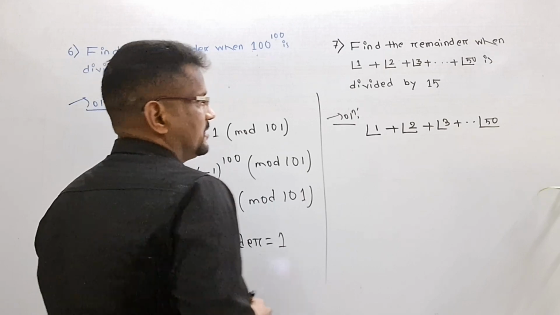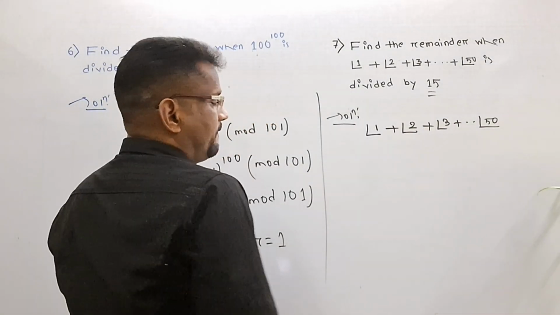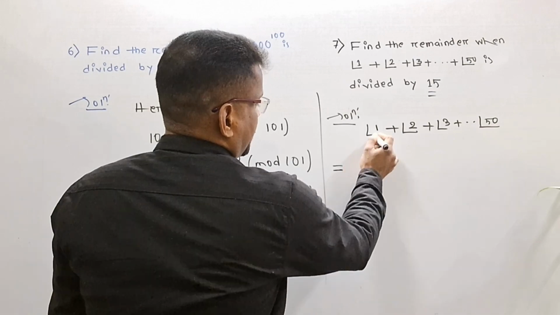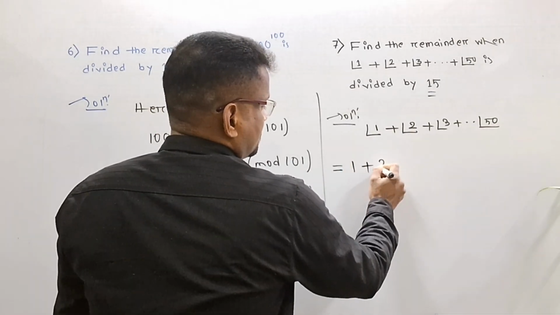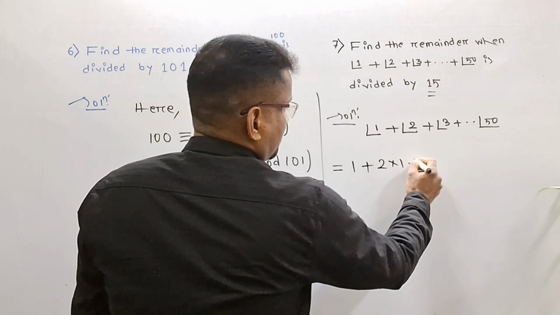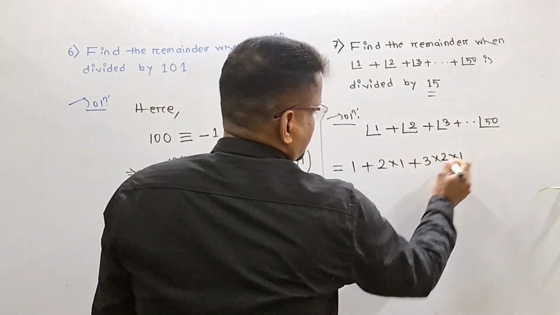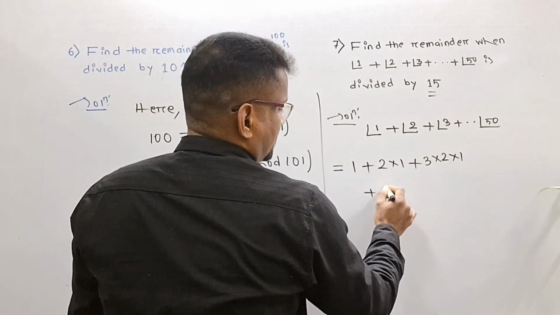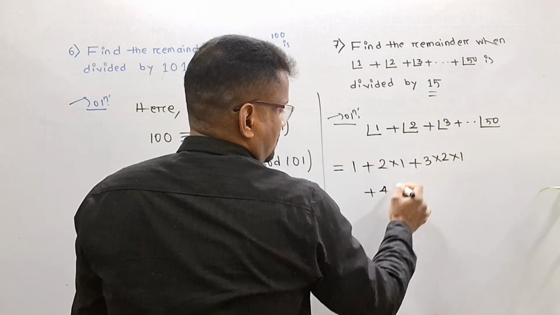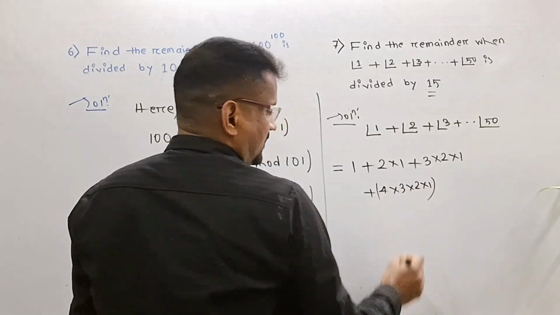Now you just have to observe by what number you are dividing: by 15. Let me show. Factorial 1 is 1, plus factorial 2 is 2 into 1, factorial 3 is 3 into 2 into 1. Next is factorial 4, which is 4 into 3 into 2 into 1.